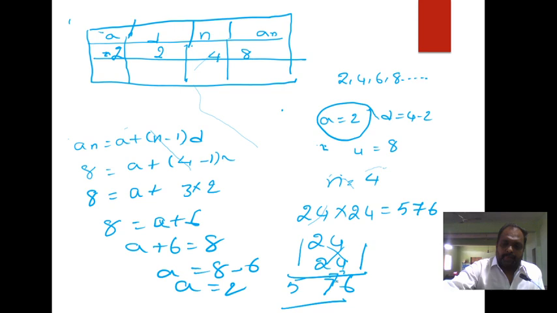Suppose 102 into 102, 103 into 103, 104 into 104. So first we multiply 2 and 0 and then 1. No need. 2 2s, we will get a single digit number, 0 4, you keep.